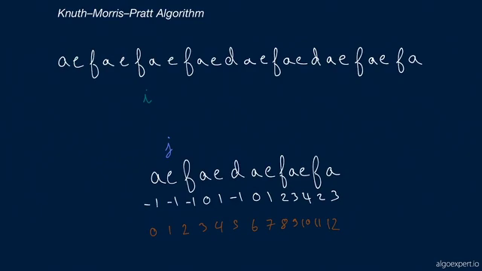So now we're going to say, okay, let's see the letter that comes right after it, which would be the potential match against here. So let's move the J here. And here, ta-da, we have a match, right? AEF. So what that allowed us to do is it allowed us not to have to move the I index at all, and only have to move the J index a little bit, and to keep finding a match, right?